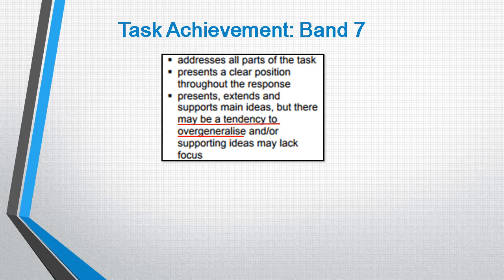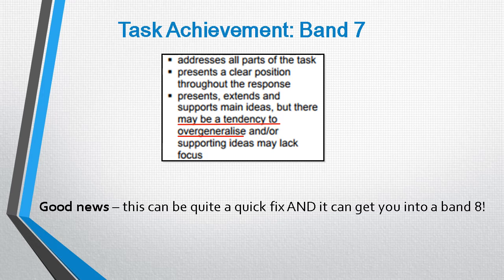So in order to get a band 8, we need to basically have no generalizations. And that's really quite an easy thing to do when you know how. And I'm going to show you how to eliminate your generalizations now. And just to mention, this is a really quick fix and it's something you should definitely do in your essays.